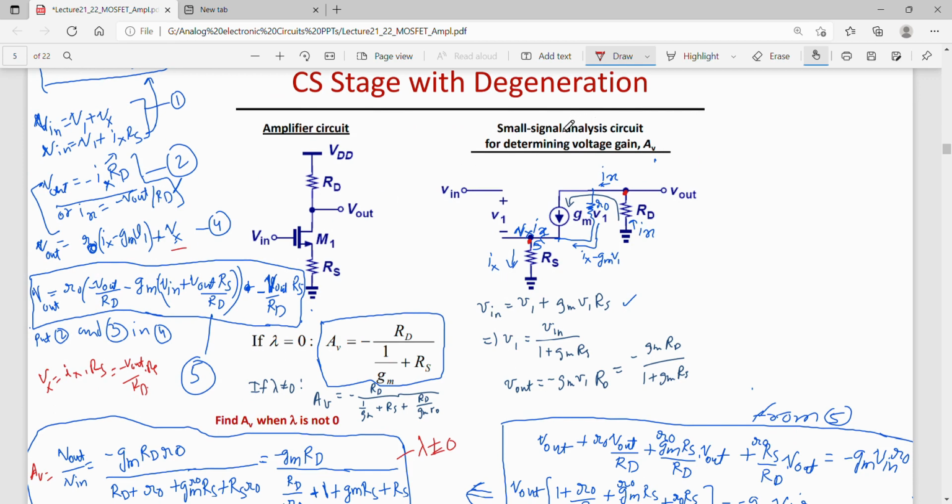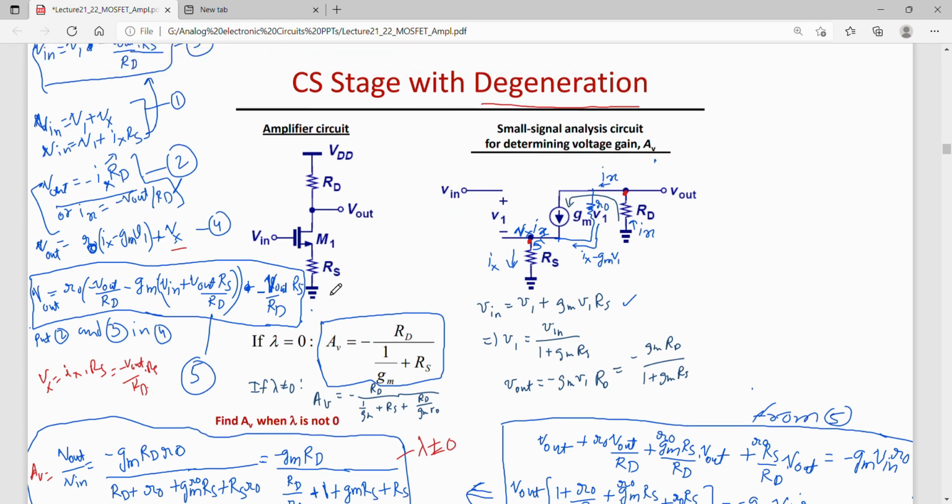Now we had discussed the emitter degeneration in BJT based common emitter amplifier. Right. Now in a common source amplifier using MOSFET, one can also think of using a degeneration resistance. Okay. That is this RS.